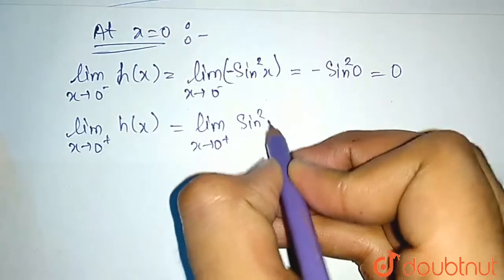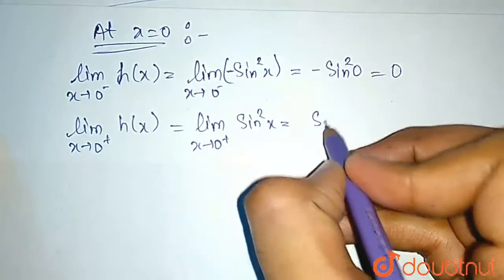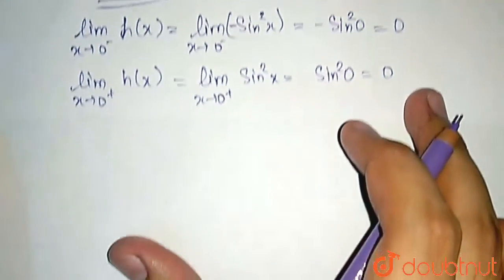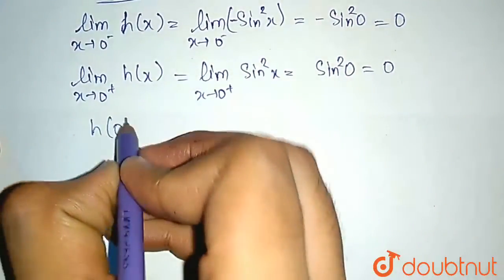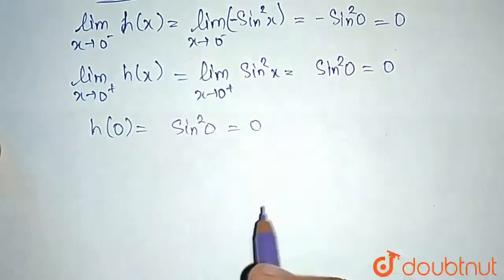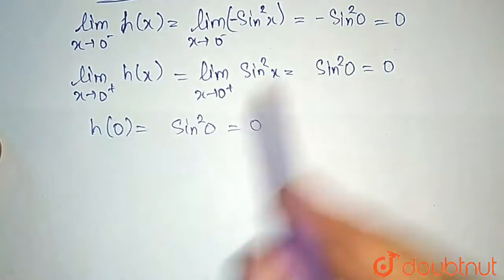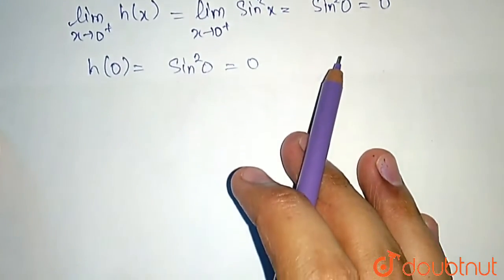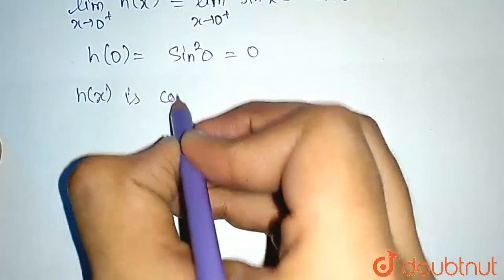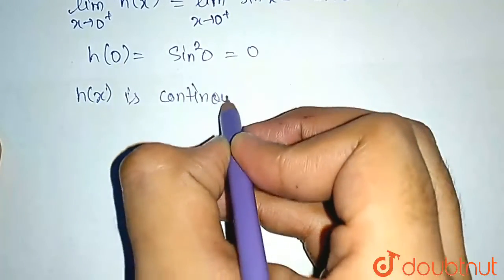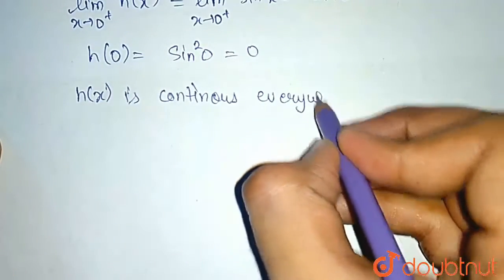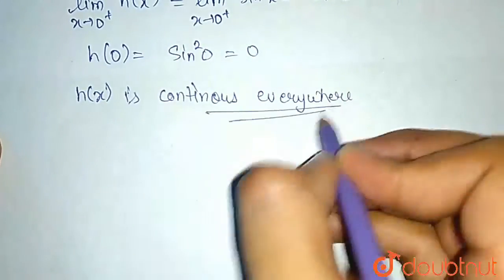If we substitute x equal to 0, we'll have sin square 0, that is equal to 0, and h of 0 is also equal to sin square 0, that is 0. Since all three are equal to 0, we can say h(x) is continuous at x equal to 0, hence continuous everywhere.